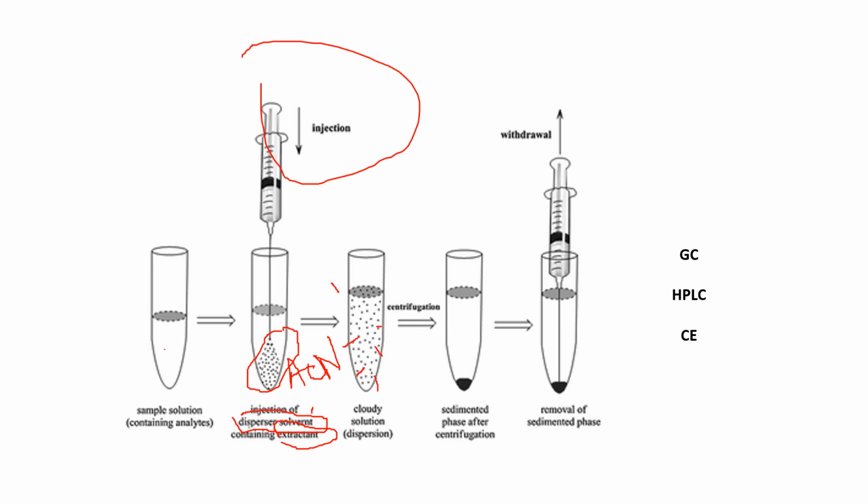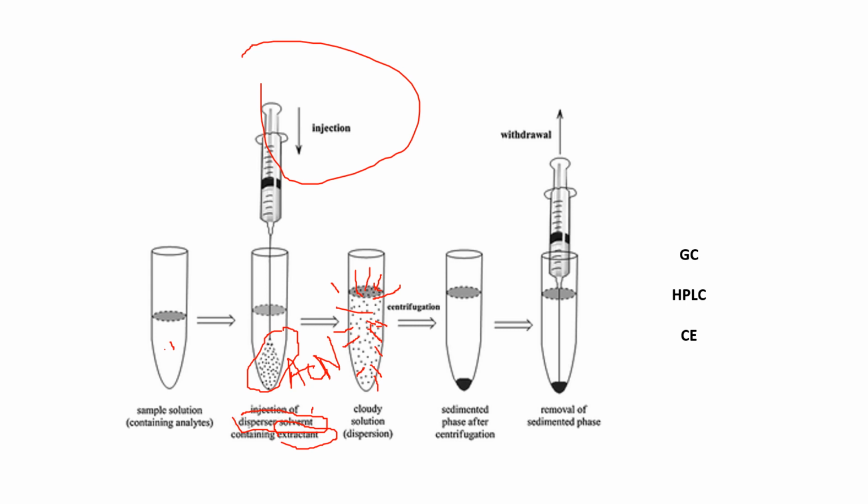Your analyte inside your sample will go into these millions of droplets and extract itself. Just like SPE, the more sorbent you have, the more surface area, right? The same thing here. The surface area for the extraction is enhanced because of the droplets.